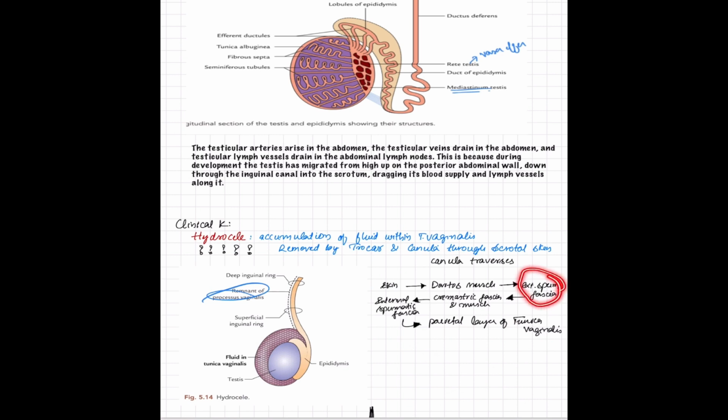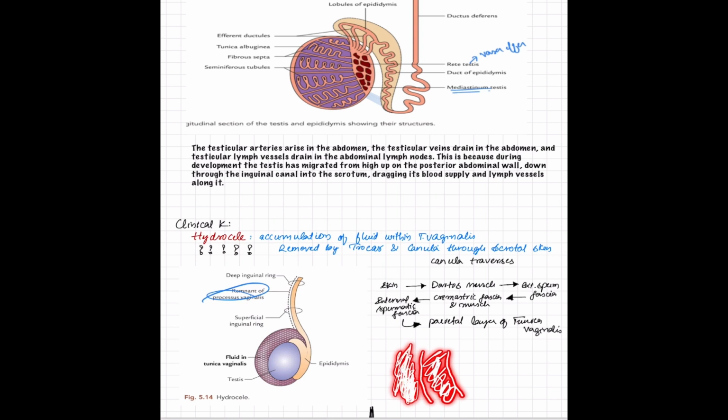Here is the external spermatic fascia, the internal spermatic fascia. These are two fascias, and between them is the cremasteric muscle along with its fascia. Outermost is the dartos muscle.